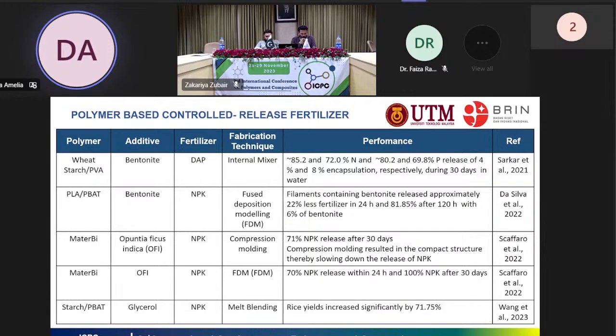The performance is that the yield rate increased significantly by 71.75%.